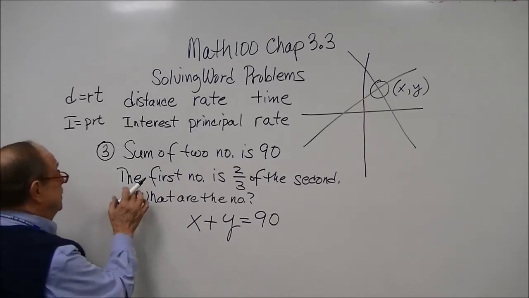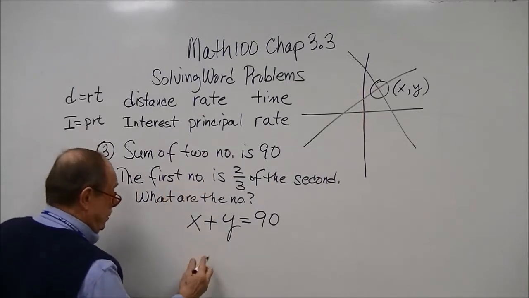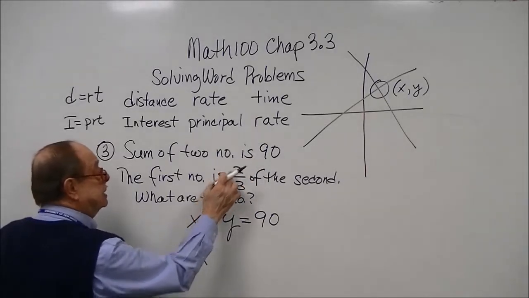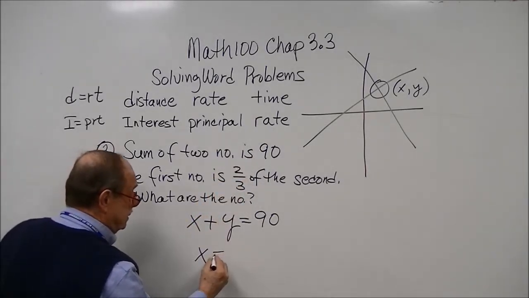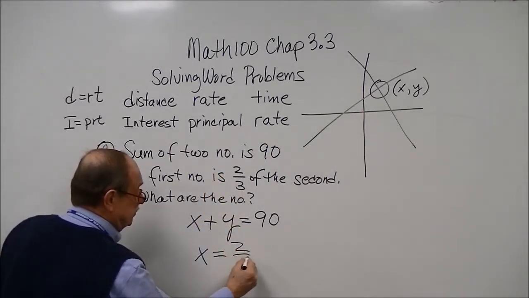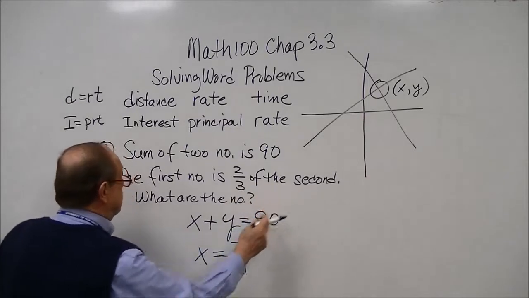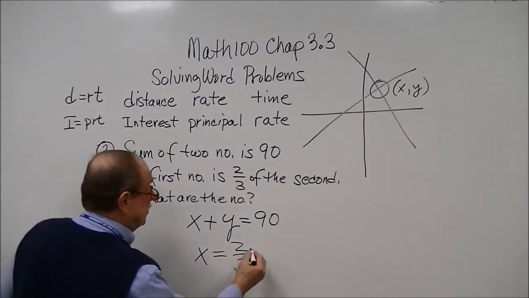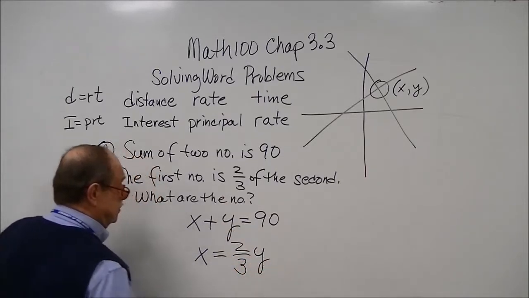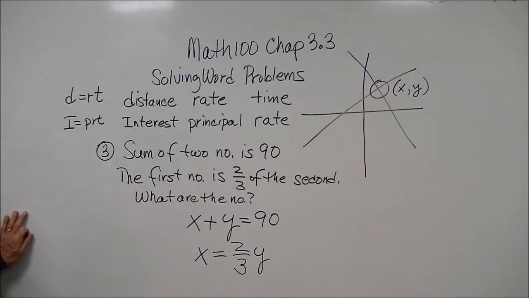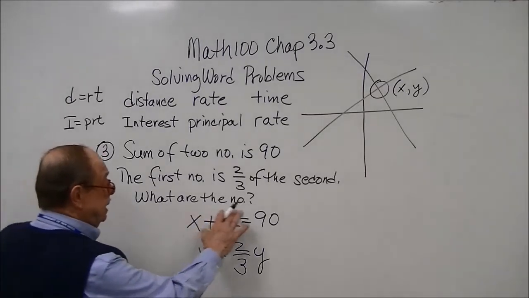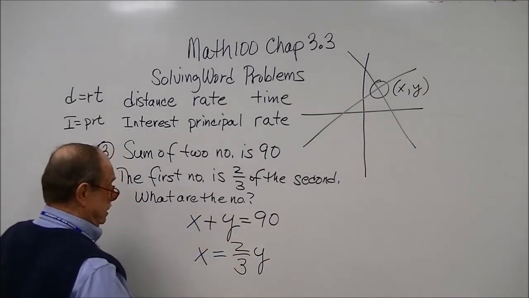Now, then they're saying the first number, which is x, is, and the word is translates to equals, 2/3 of the second number, which we said was y. So there are our two equations. We're looking to see where they intersect.